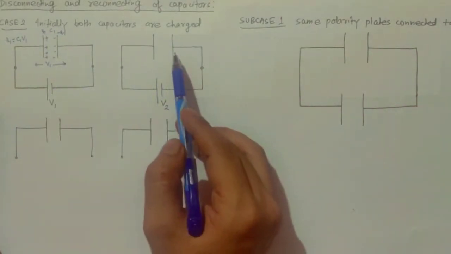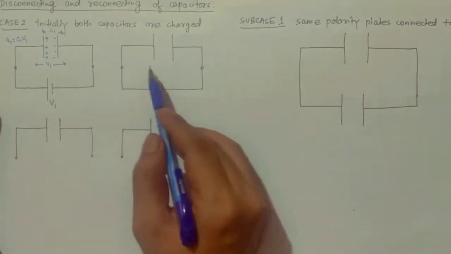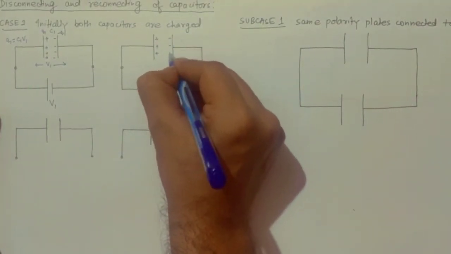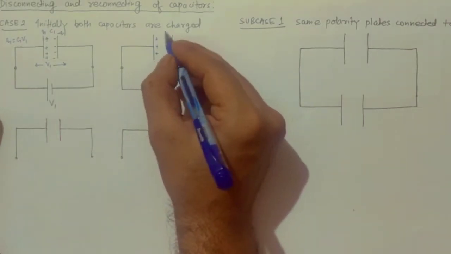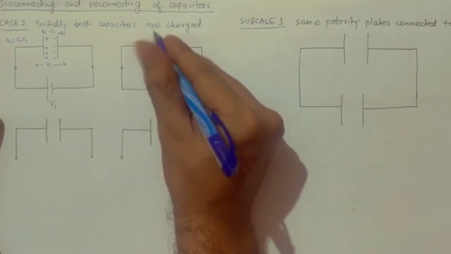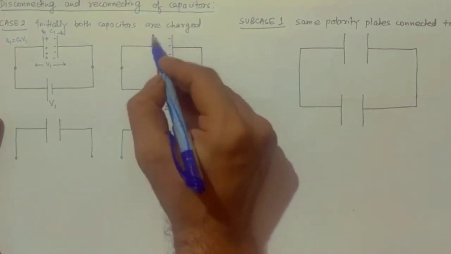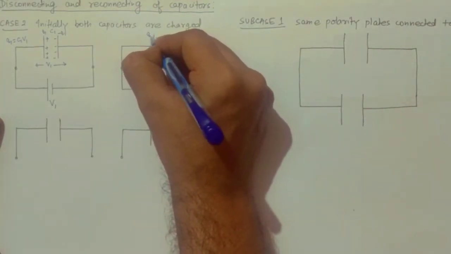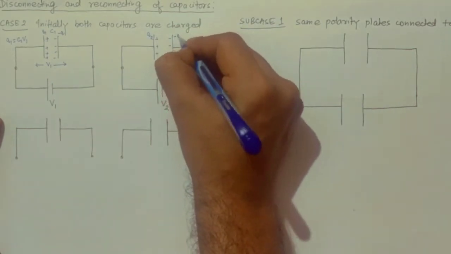Now come to the second capacitor. Similarly, in the second capacitor, this plate will acquire positive charge and this plate will acquire an equal amount of negative charge. Let us assume that the capacitance of this capacitor is C2. The charge present on this capacitor in the final situation is Q2 and here is minus Q2.